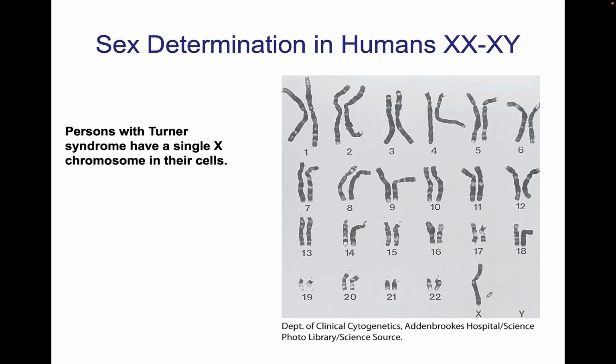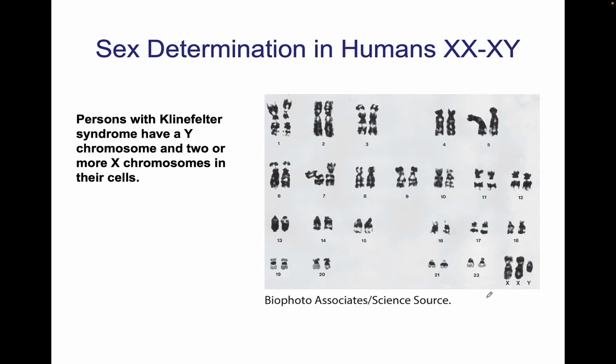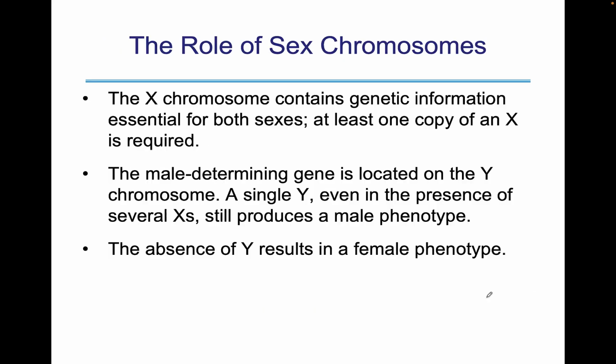Okay, so this was Turner syndrome. This is the example of Klinefelter syndrome, where you have more than 1 X chromosome, but you still have the Y chromosome. So, given those examples, what is the role of the sex chromosomes? Okay, remember, these chromosomes are the vehicles for the genes that help to regulate and determine sex. The X chromosome contains the genetic information for both sexes.